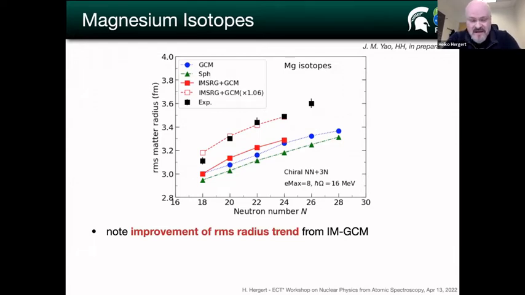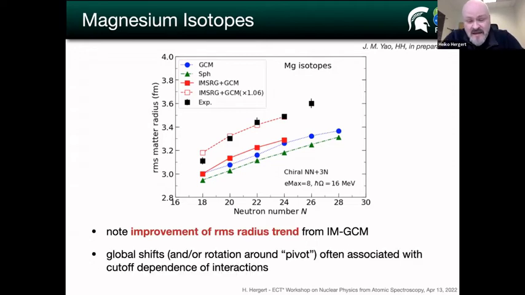So we clearly get improvement from these collective correlations, or the combination of dynamic and collective correlations, in the IMGCM. But there are these global shifts, or sometimes rotations of the trends around a pivot, that we now know to associate with variations of the cutoffs of the input interaction.